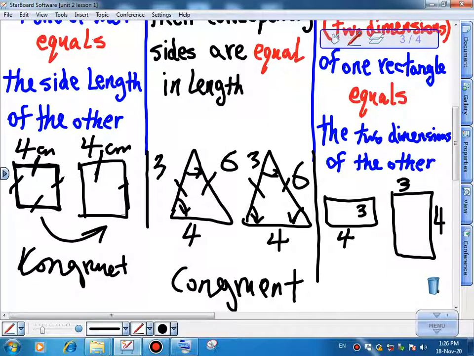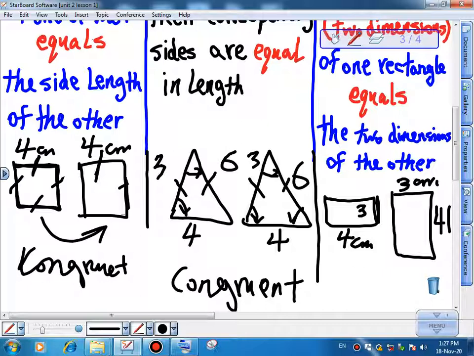But the length of the first one is 4 and the length of the second one is also 4, and the width of the first one is 3 centimeters and the width of the other is also 3 centimeters. So I will say that these two rectangles are congruent.